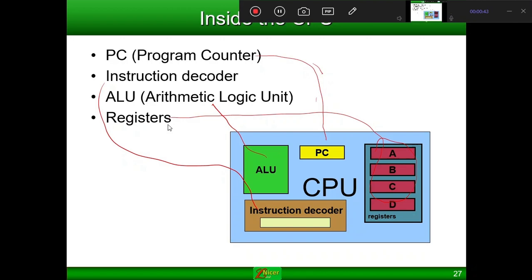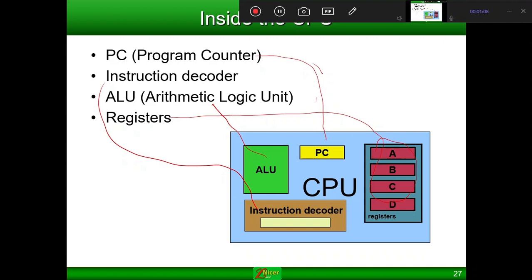Registers belong to memory as they are able to store data. The arithmetic and logical unit is an area where calculations are performed. The instruction decoder is an area where instructions are decoded, and the PC is the program counter, which counts the program and tells where our program really resides.